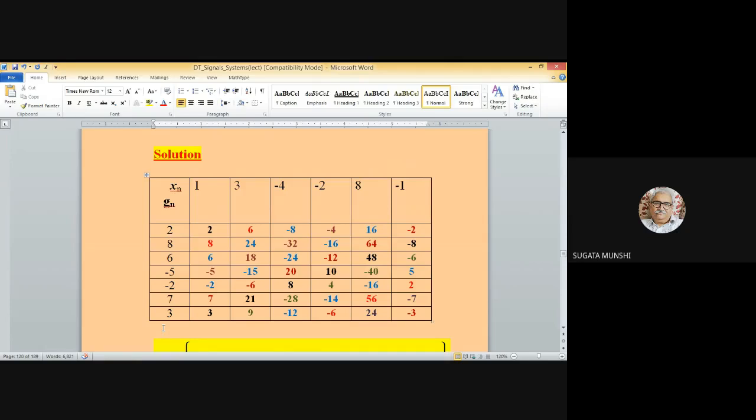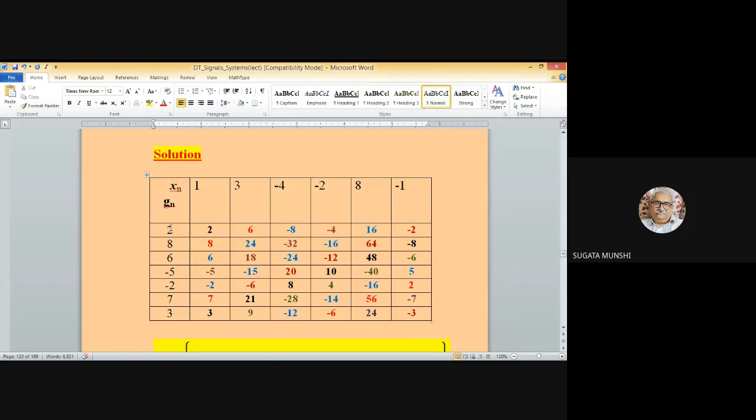If that is correct, then for every pair of samples from x[n] and g[n], we obtain the product. That means we fill up these boxes by the products of different samples of x[n] and different samples of g[n], for every combination.